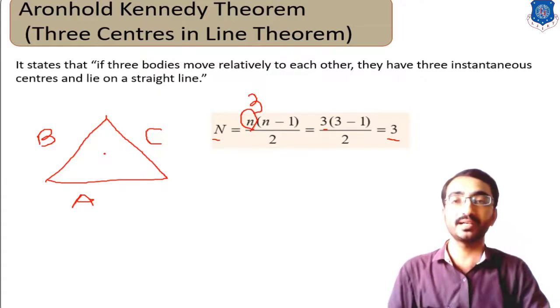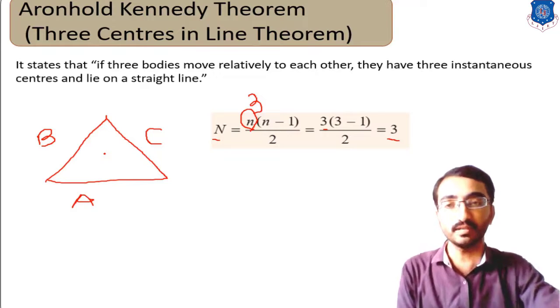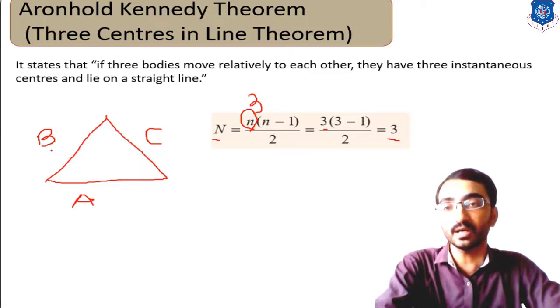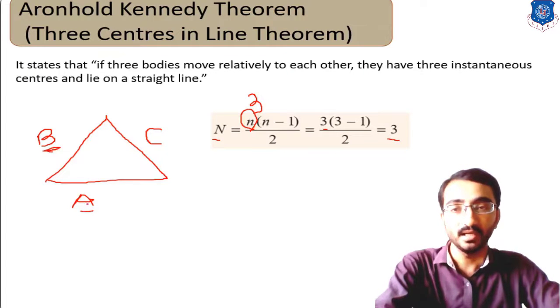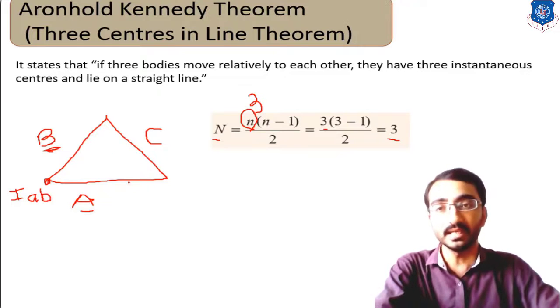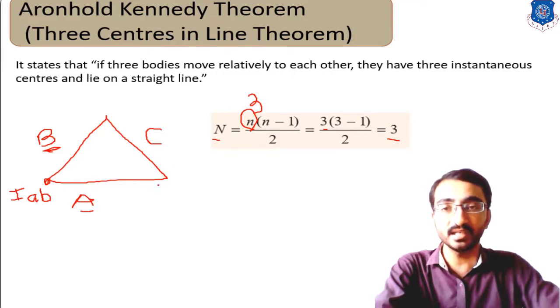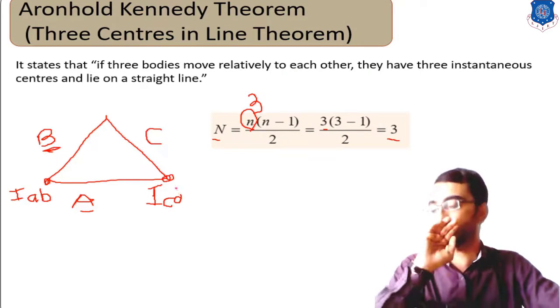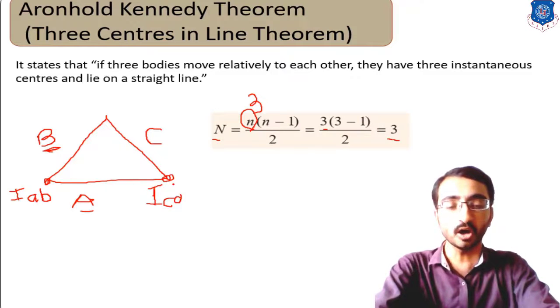Now we have to locate these three instantaneous centers. First we will locate for link B. As link B is connected with link A by this pin joint, here we will get instantaneous center IAB or IBA. Similarly, link C is connected with A, so with this pin joint we can locate another instantaneous center, that is ICA or IAC.